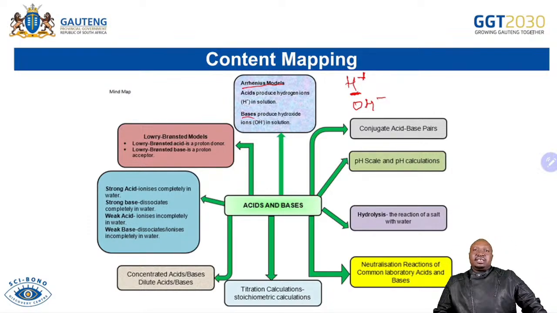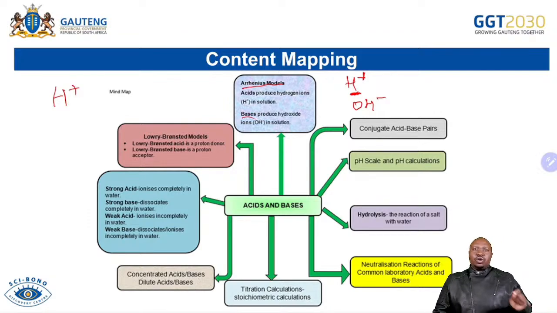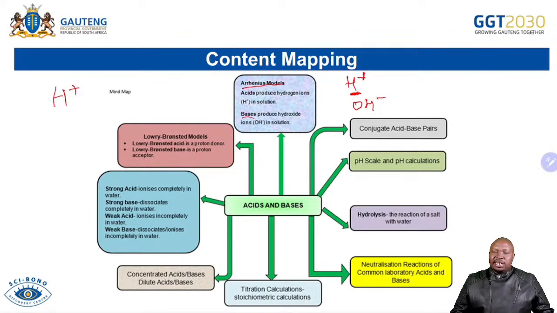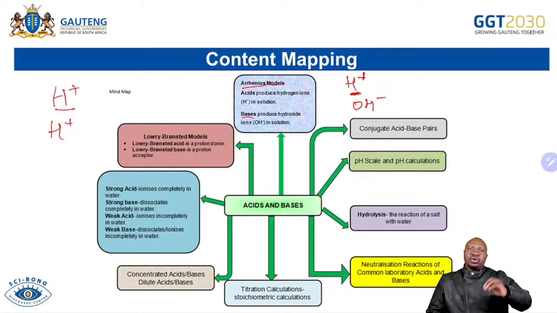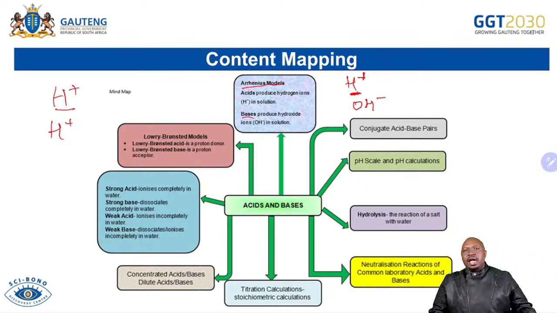The second thing is the definition in terms of Lowry-Bronsted, because Lowry-Bronsted is talking about a proton. Remember, our proton, we are still referring to our hydrogen ion. So he said an acid is a proton donor, and the base is a proton acceptor. So with Lowry-Bronsted, the acid will donate a proton and the base will accept the proton.